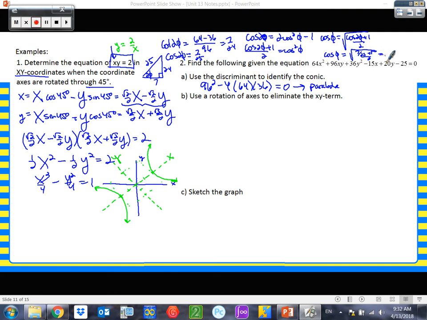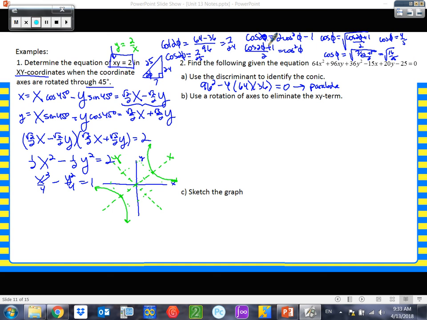So cosine phi is the square root of 16/25, which means that cosine phi is 4/5. So everywhere I see in my formula cosine of angle measure phi, I'm going to put 4/5.